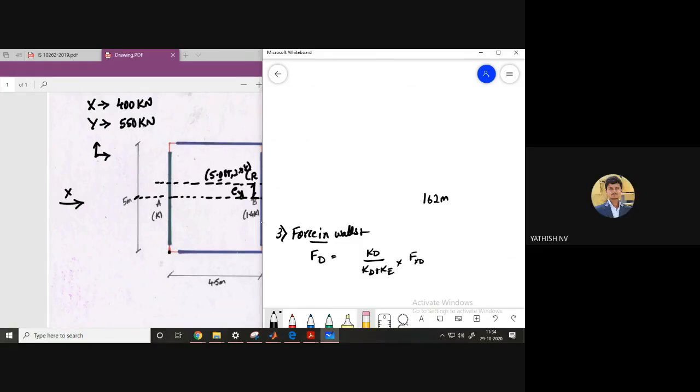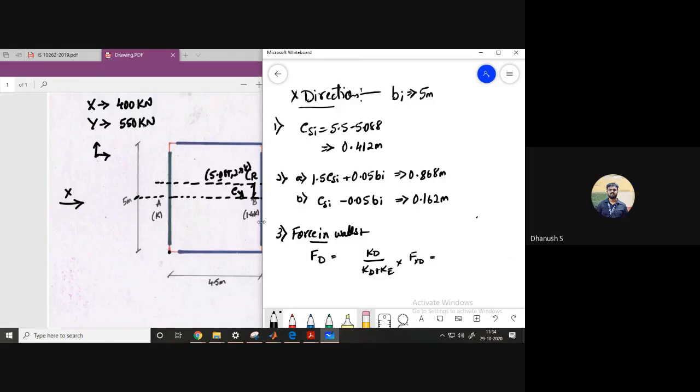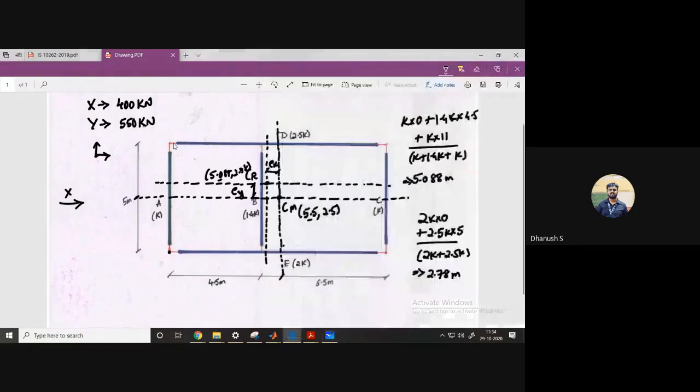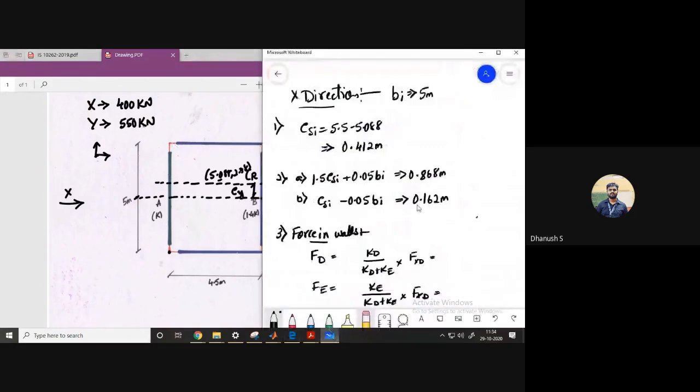Similarly, for FE, it is KE divided by KD plus KE, into the force along x direction. So KD is 2.5K, KE is 2K. So 2.5K divided by 4.5K into 400.